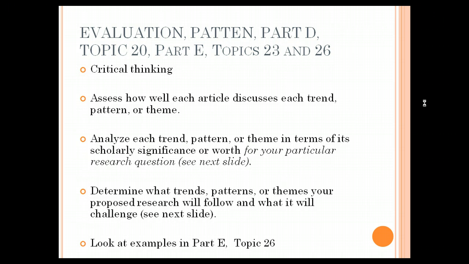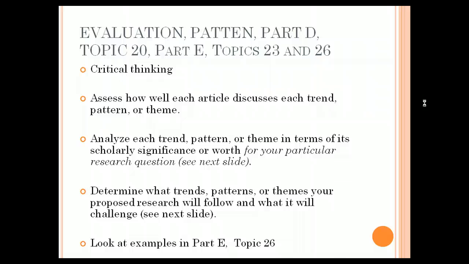Okay, now how do you evaluate the article's discussions of these themes, patterns, and trends? This is where you have to bring critical thinking to bear. You need to assess, in your own words, how well each article discusses each of the trends, patterns, or themes you are noticing.